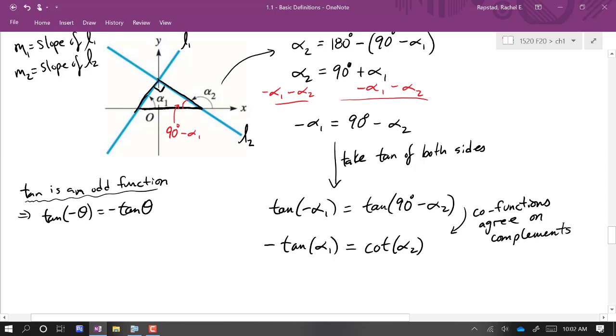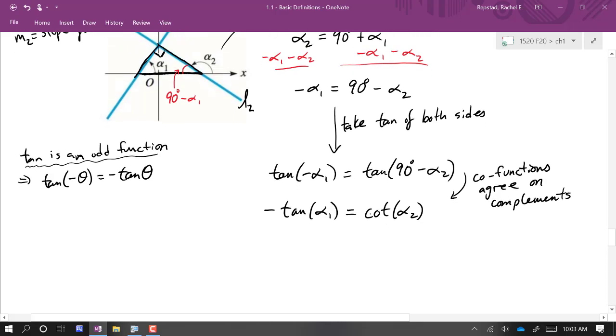So I can replace 90 minus alpha 2 with its complement, which is alpha 2, if I switch out tangent for its cofunction, which is cotangent. Now we're getting really quite close. I just flipped from tangent to cotangent, and now I'm going to go back to tangent, but not by using the complement. I'm going to use the fact that tangent and cotangent are reciprocal functions. So cotan of alpha 2 is 1 over tan of alpha 2.